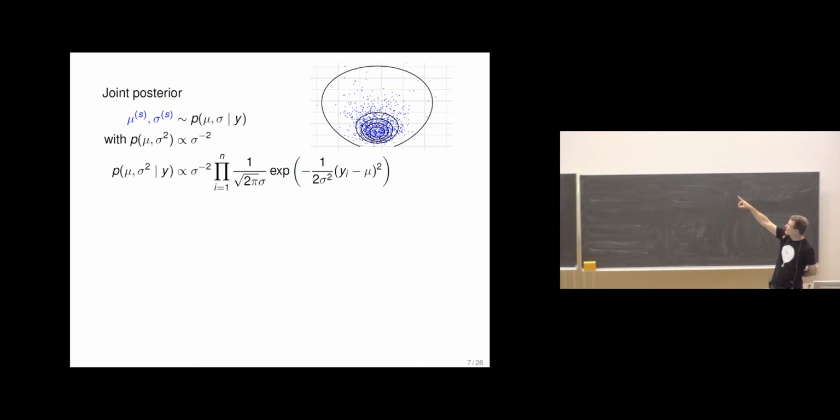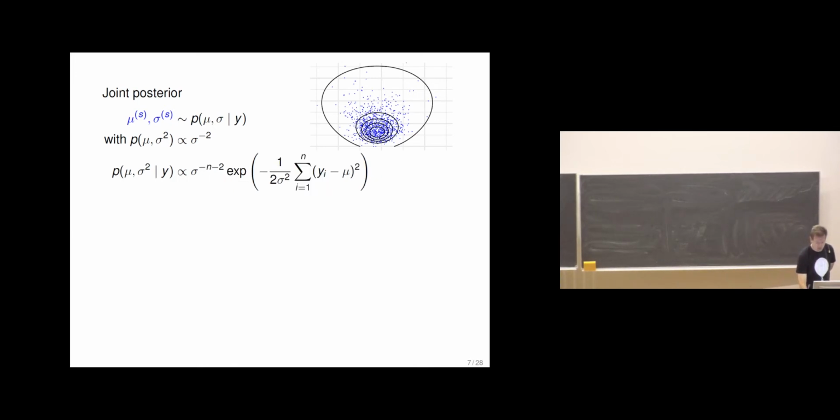So we have 1 per sigma multiplied by itself n times, so we can move that outside of the product. Then, remembering how products of exponentiated things go, we can move that product inside of the exponent as a sum. And then the 1 per sigma multiplied by itself n times is now sigma to the minus n.